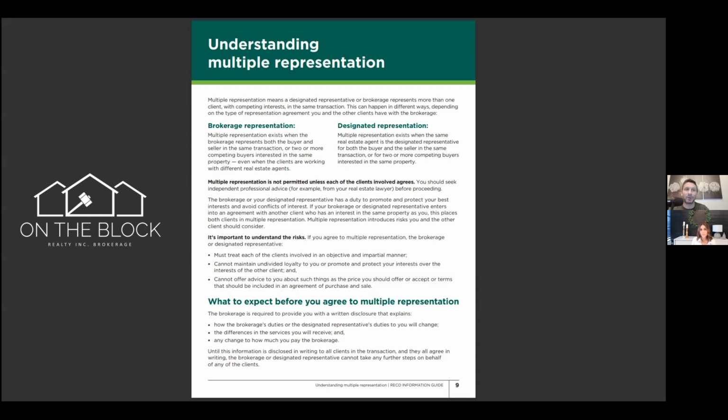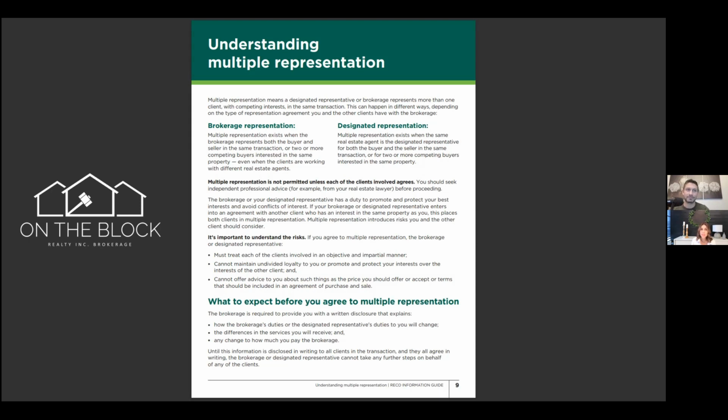They cannot promote or protect the interests of one client over the other, and they cannot offer advice to help aid the decision if it would compromise the interests of the competing party, such as the advice on price to offer or accept. It's important to understand the limitations and details of multiple representation before agreeing to it.